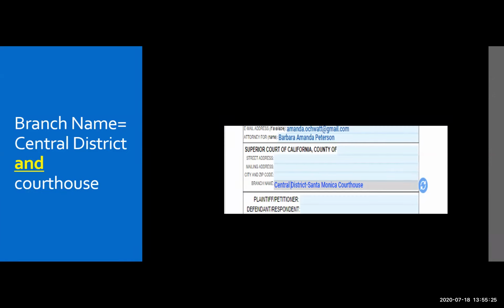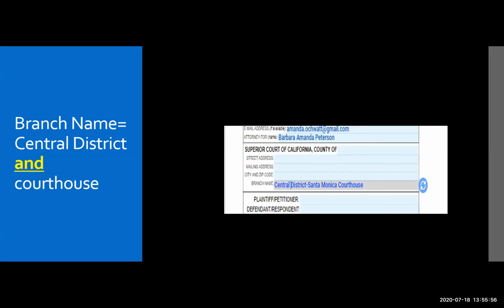Now the branch name of a court requires two items. It requires what district you're in and what courthouse you're in. If you don't know where you are or which district you're in, you can always obtain that information on the internet.